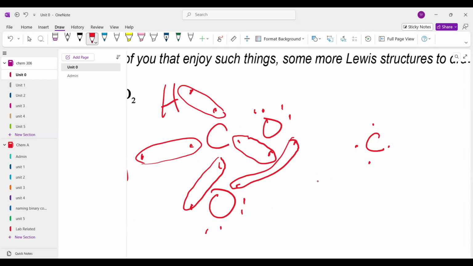And it helps to have a pencil and a big white eraser. Okay, so let's do the oxygens in the same place. And let's put the hydrogens over on the right side this time. Okay, so let's hook these up now.